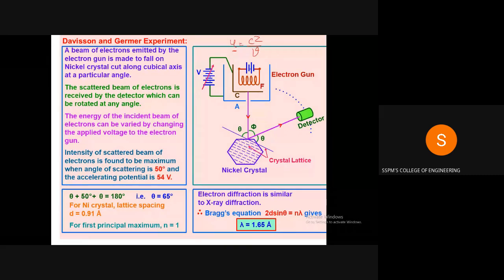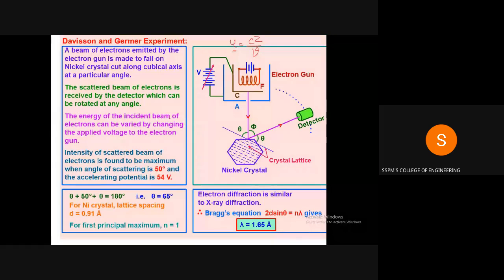Those are explained here. What is the first sentence? A beam of electrons emitted by the electron gun is made to fall on a nickel crystal cut along the cubical axis at a particular angle. The scattered beam of electrons is received by the detector, which can be rotated at any angle.